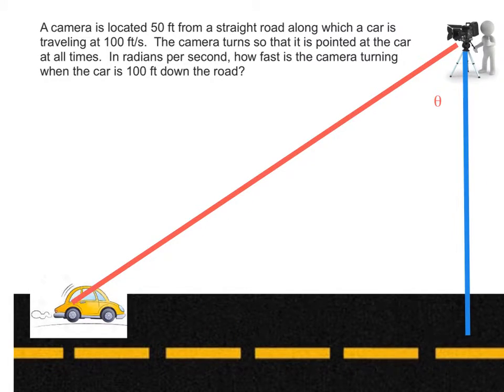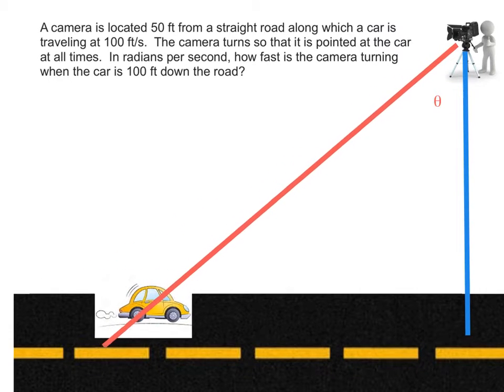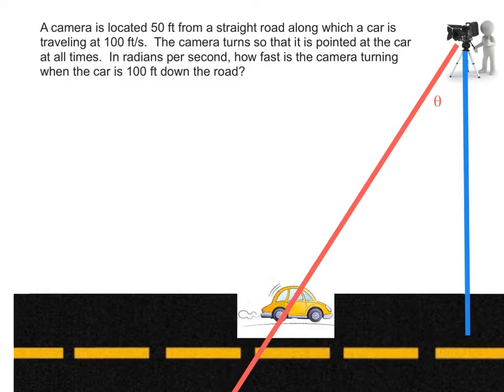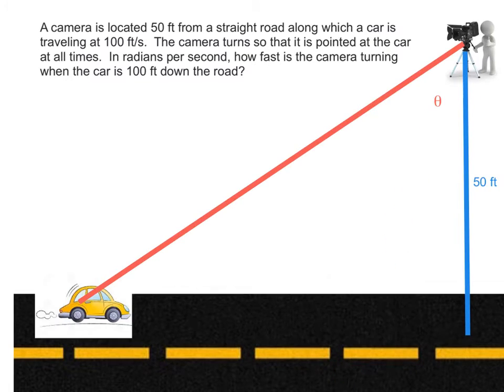So we want to look and see how this angle theta changes as the car moves. So the car is moving, the angle is decreasing. All right, so we know this distance was 50 feet.